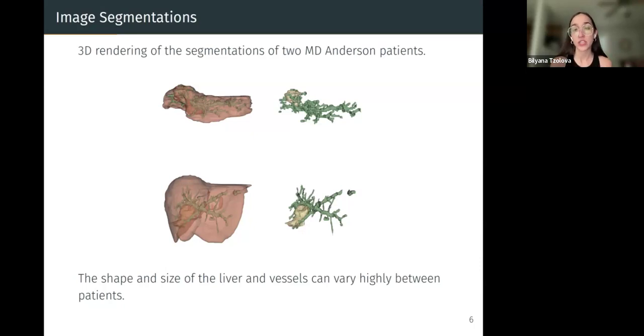The tumor location can be in different places, and the vessels can stretch either horizontally and vertically, as you can see here. And the number of tumors can also vary between patients, and the size and structure of it can vary. So we have a problem that's very dependent on the patient.